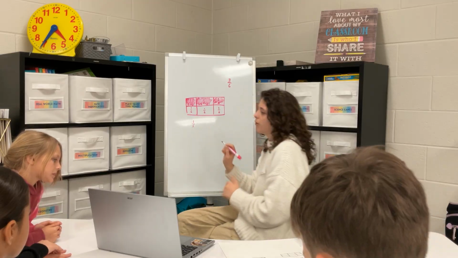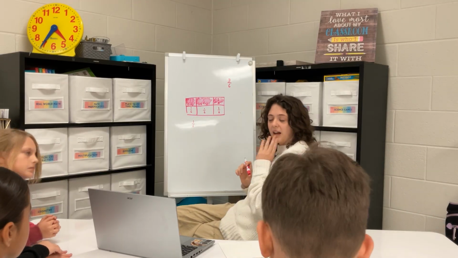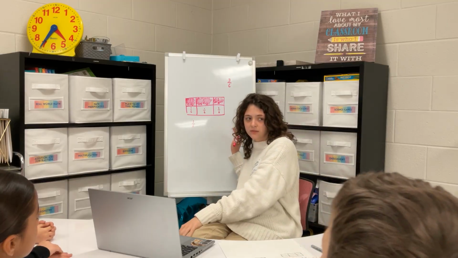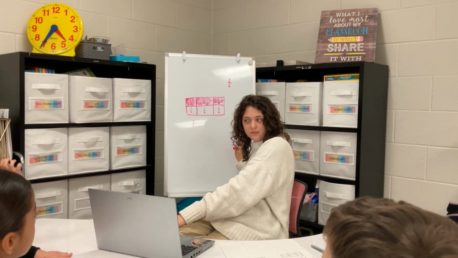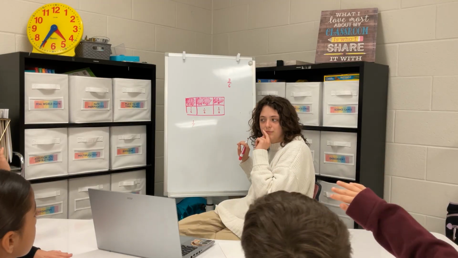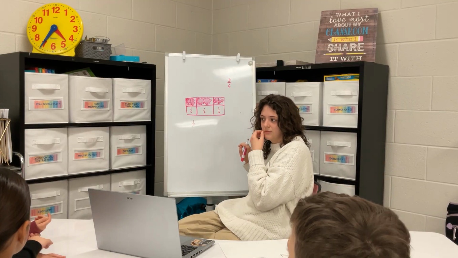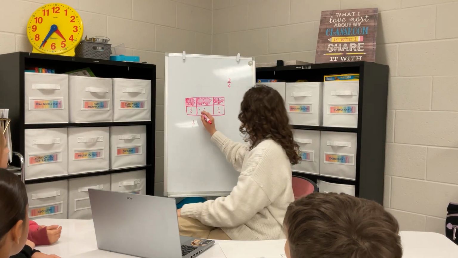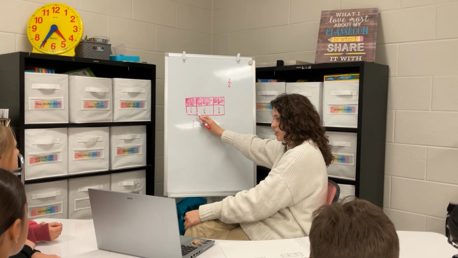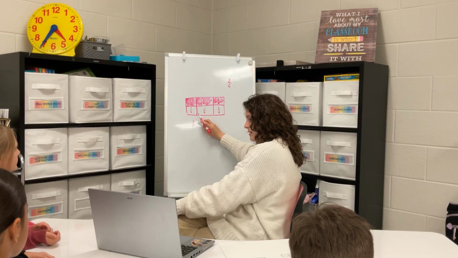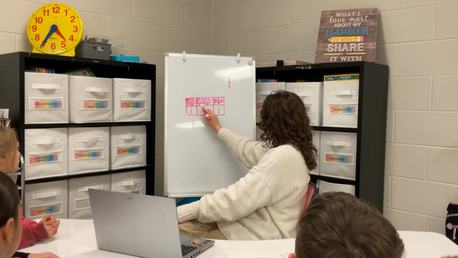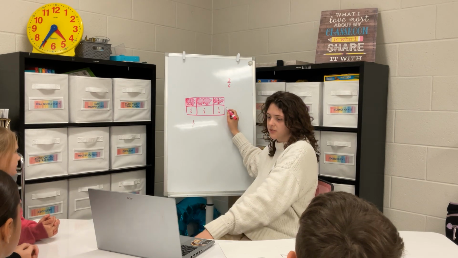All right, so anybody have another way to solve this problem to get to our answer? To get to 3/6, what can we do? We can count the squares. We can count the shaded or the unshaded ones. Count 1, 2, 3. So either way we get 3/6, right?